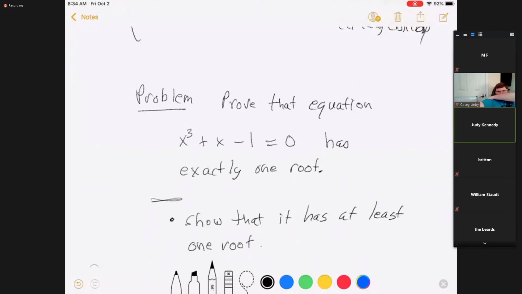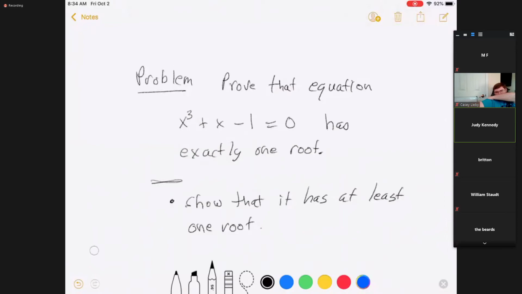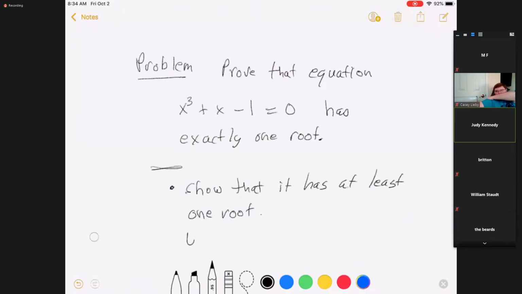And actually, this means we're going to use the intermediate value theorem. For that part, if I can find an x such that f of that x is positive and another number y such that f of y is negative, that'll do it for me.